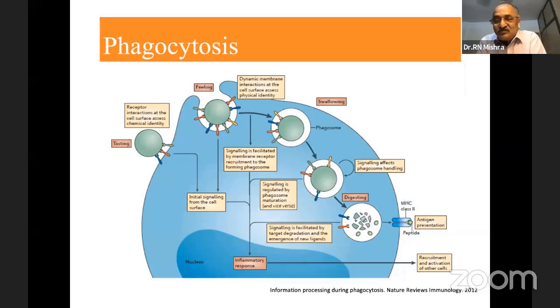And the microbe is eliminated, and as Dr. Sahab was telling you, and I will also be telling you, this is a stepway for it to present an antigen to adaptive cells. So the phagocytic cells are part of the innate cells, but they provide stimulus to the adaptive cells, which we'll see later.